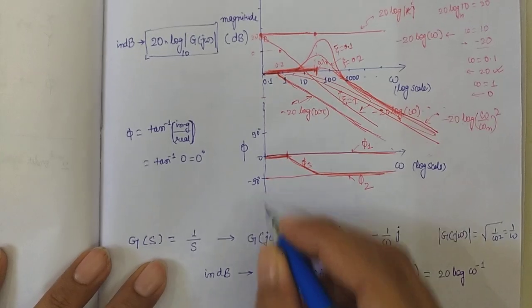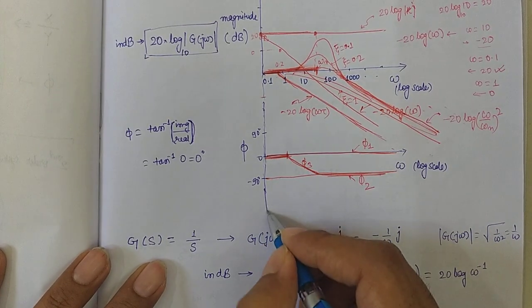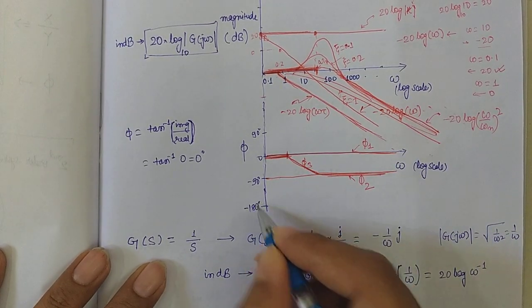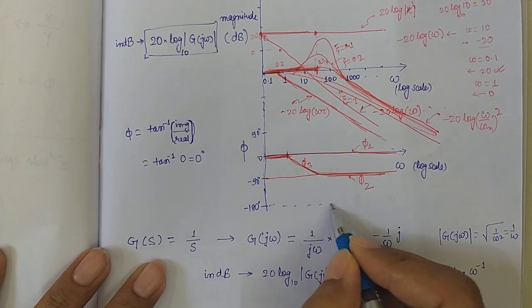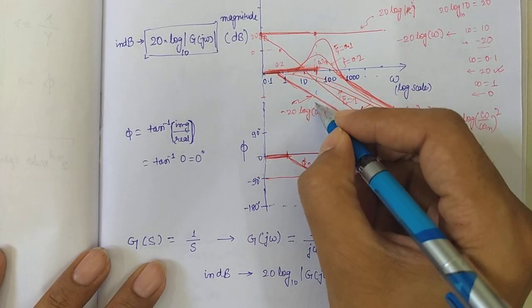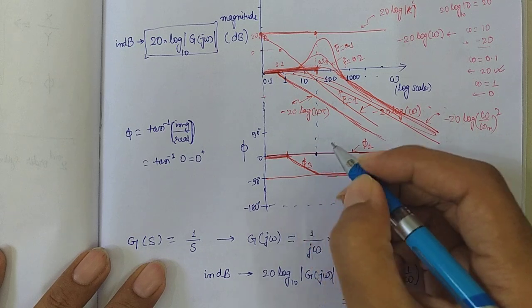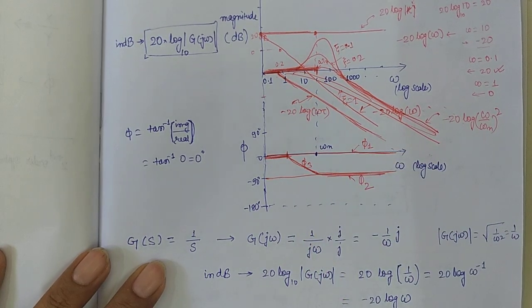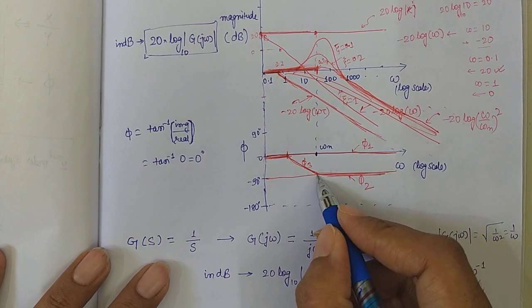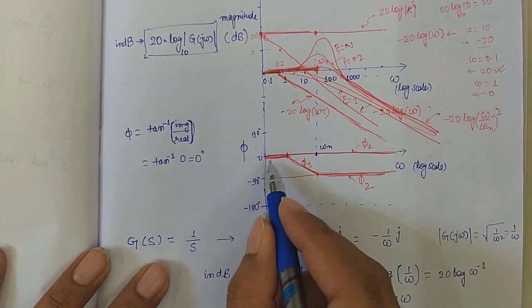We'll have minus 180 here, this 180, and this will be your omega n frequency. So at this omega n, things go like this.